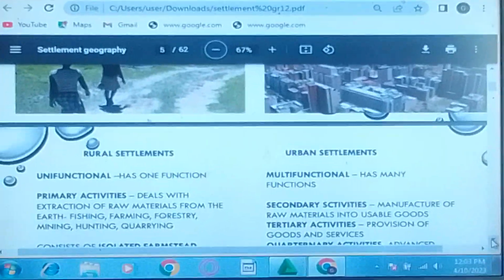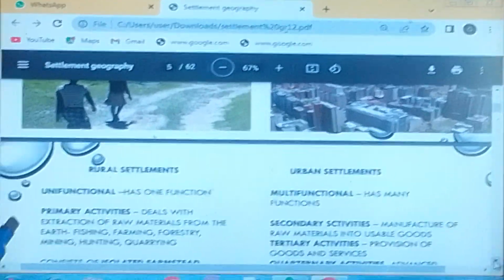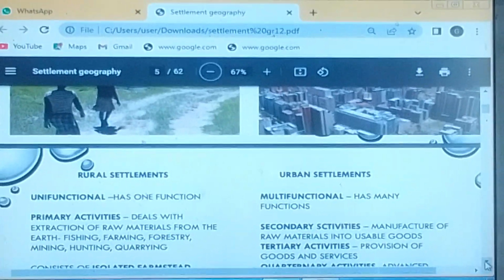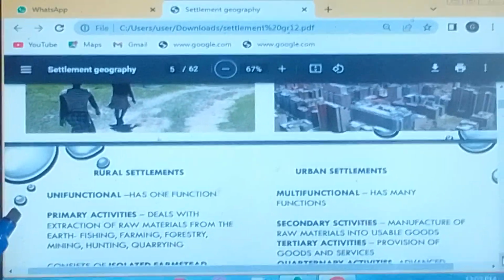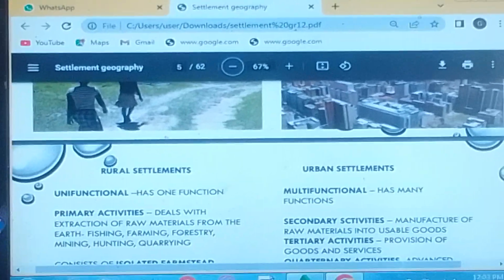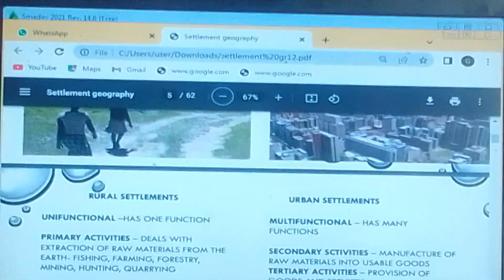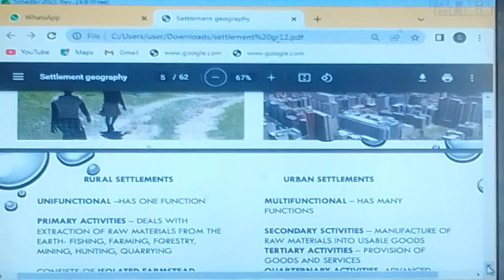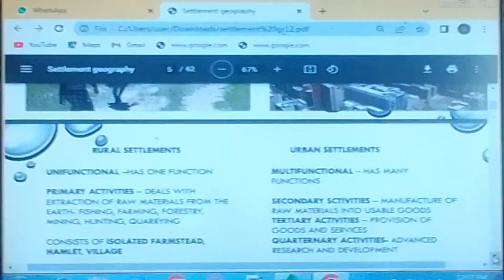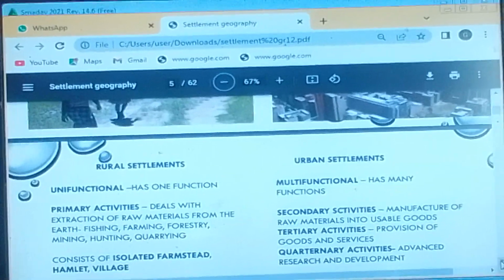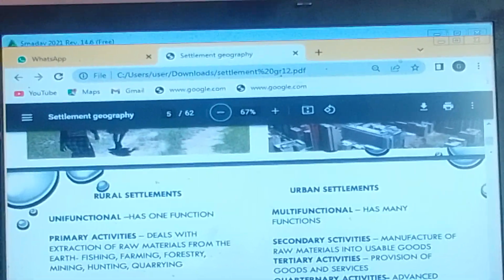And the main primary function in our rural settlements is basically farming, though we know that fishing, forestry, mining, hunting, and quarrying are also primary activities that can take place. As a result, you'd find that our rural settlements mainly consist of farmsteads, hamlets, and villages.